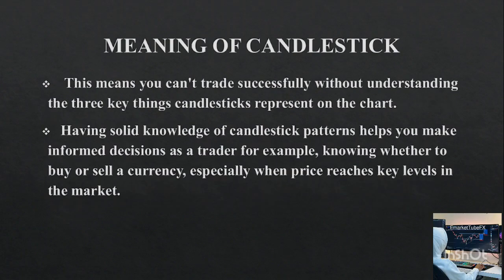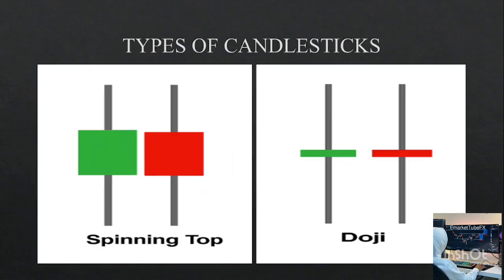So quickly, let's come back to the doji I was talking about. Just as I started with this one, I'll explain and then come to the spinning top. This candlestick formed represents indecision.